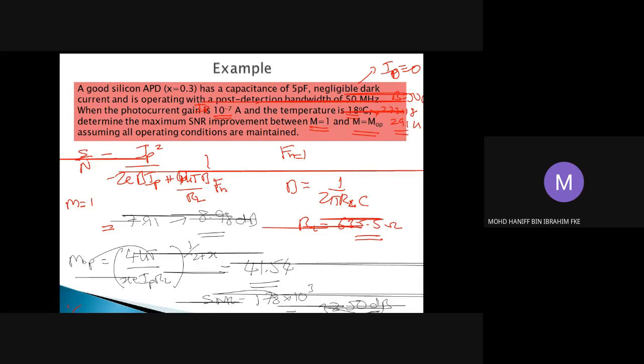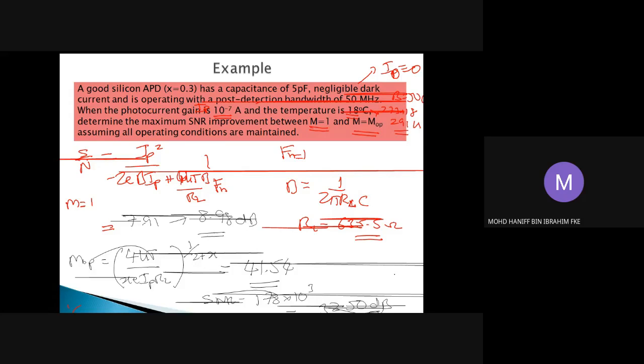But for the case of optimum M value for the APD, the SNR has increased tremendously up to 32.50 dB. Hopefully by now you can differentiate the signal to noise ratio value for the PN and PIN photodiode and for the avalanche photodiode, and the techniques on how to calculate this signal to noise ratio.